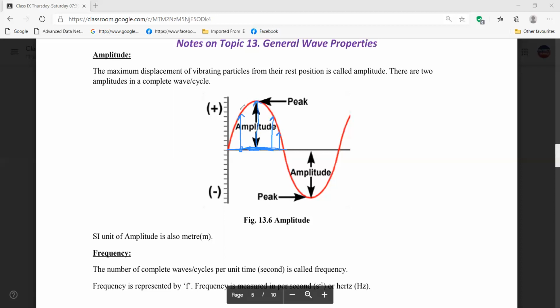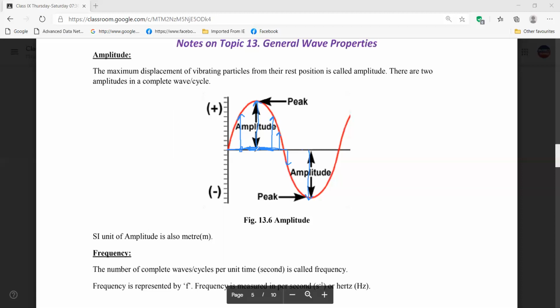It's not only vibrating upwards, it's also vibrating downwards, this way. This particle is vibrating downwards and we are getting this one, the middle one. So from the rest position, the particle is vibrating, moving upwards and then moving downwards. So it is changing its place, right?